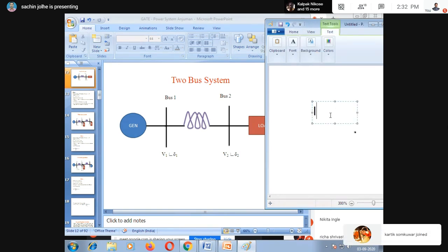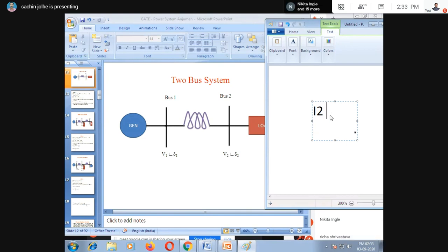If it is I2, it is nothing but V1 minus V2, and the whole is divided by Z. I will write Z only so that you can get everything related to this.